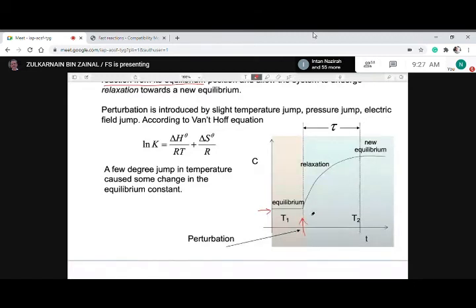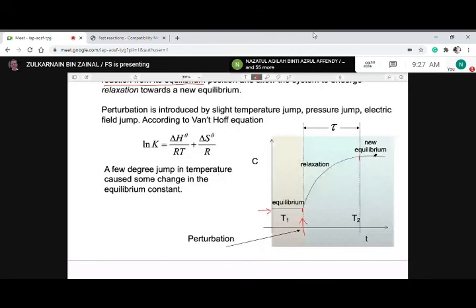Okay, we disturb the reaction there, and then after that, the reaction will respond. The reaction will respond, and then a process occurs which we name the relaxation time before it reaches the new equilibrium, right?